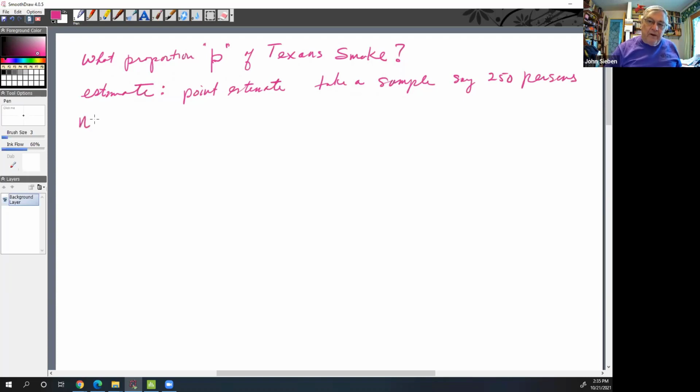That gives me an N of 250. And why don't we let X equal the number of smokers in the sample, and suppose X was equal to 39.